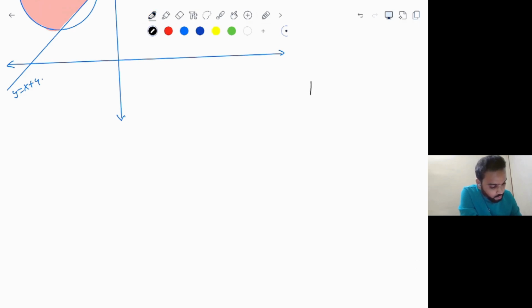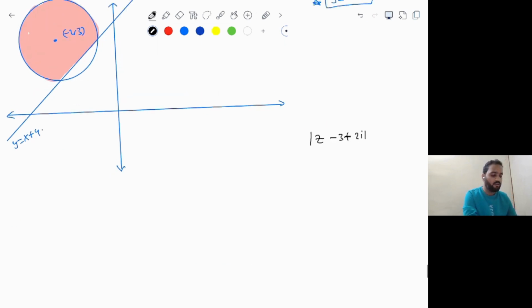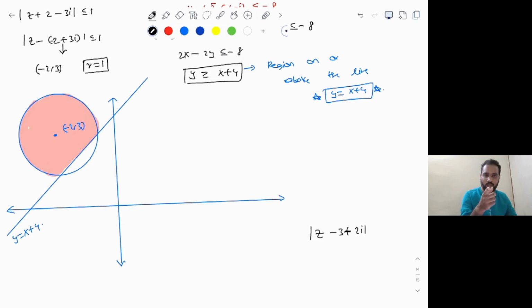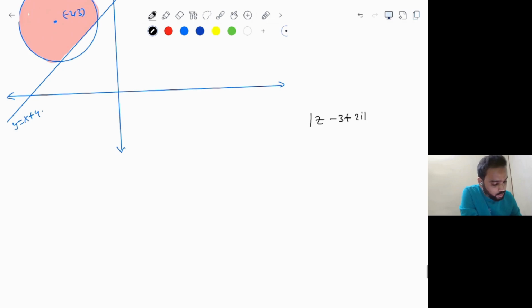If I try to take the modulus of z minus 3 plus 2i, where z is a complex number lying in that shaded part. Now once again we know how to convert this, right? I can write this as modulus of z minus 3 minus 2i. So once again it is similar to the expression we know, modulus of z1 minus z2, right?